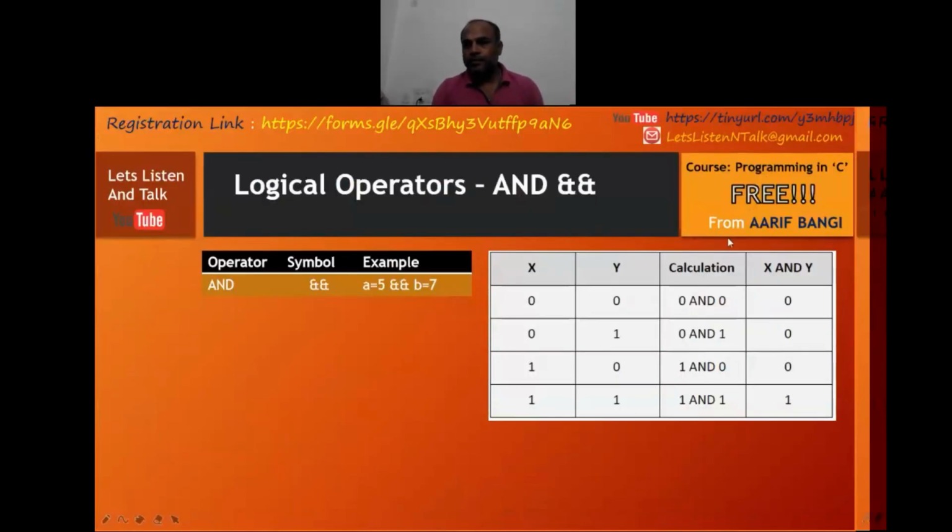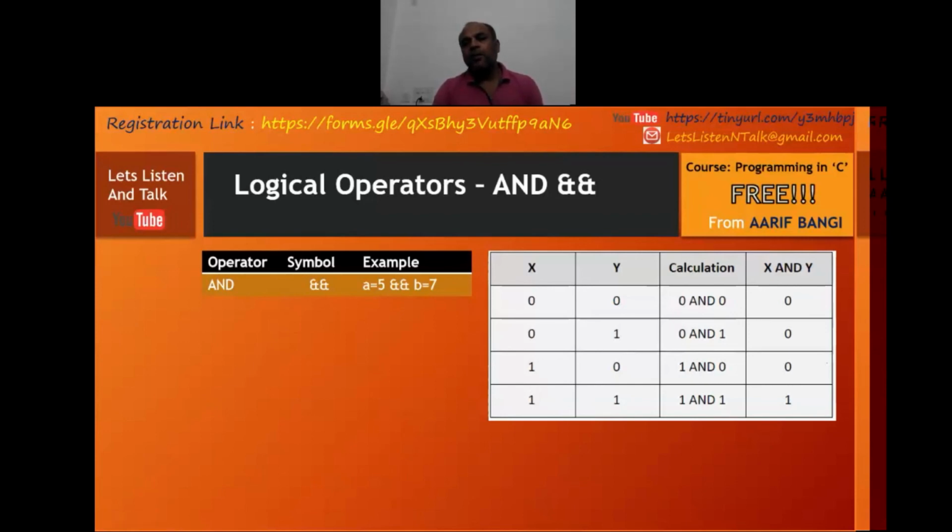See here, what I said, anytime if it has 0 0, it will evaluate to 0, 0 1, 1 0, 0, and 1 1 means non-zero. This 1 is nothing but not the actual number 1, right?